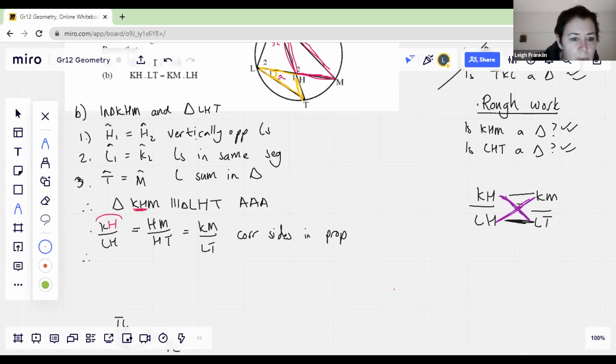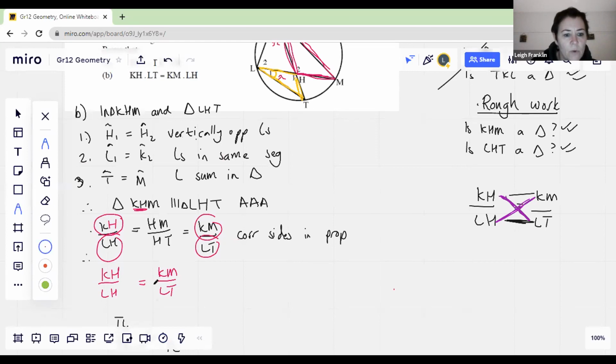So there we see a KH, and an LT over here, and a KM over there, and an LH over here. So it happens to be those two again. So KH over LH equals KM over LT.